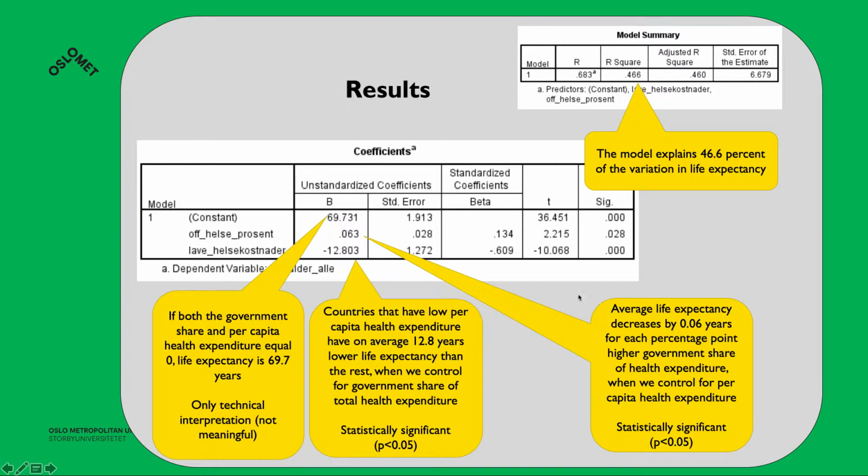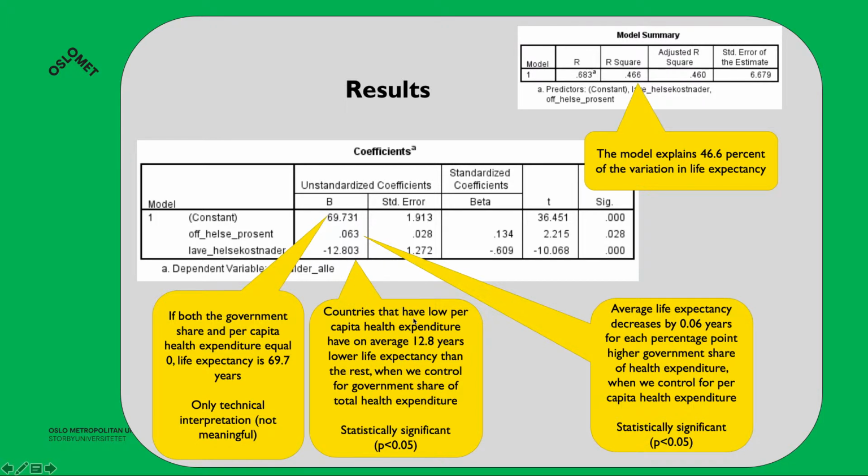It's a positive coefficient, so there's an increase in life expectancy for each percentage point higher government share of health expenditures. And it's significant. The p-value is lower than our significance level, so it's less than 5%. So we can be sure that this is actually different from 0.